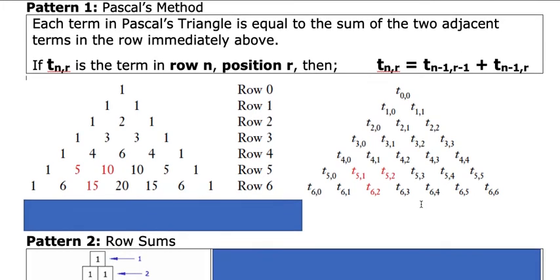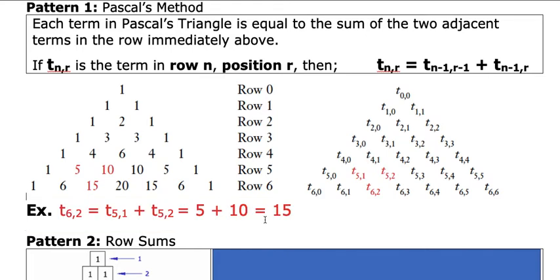Now, what we're going to look at is the following, just representing the terms here and their relationship. This is 5 plus 10 is equal to 15. So this term is in the 6th row, 0, 1, 2, 3, 4, 5, 6. I like to use this column.